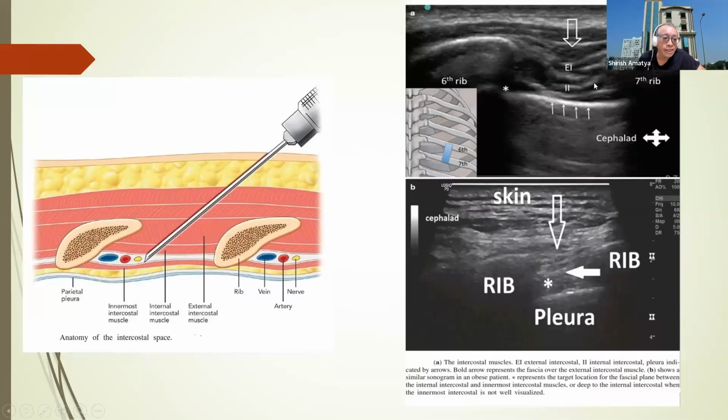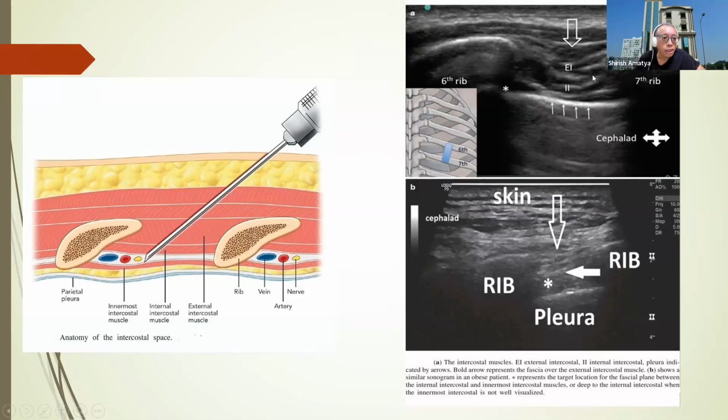On the right side is the ultrasound picture of the location of the intercostal nerve. As you can see, this is the sagittal view, where the hyperechoic structures are the two ribs, and in between the two ribs is the window. In this window, the outermost layer is the external intercostal muscle.